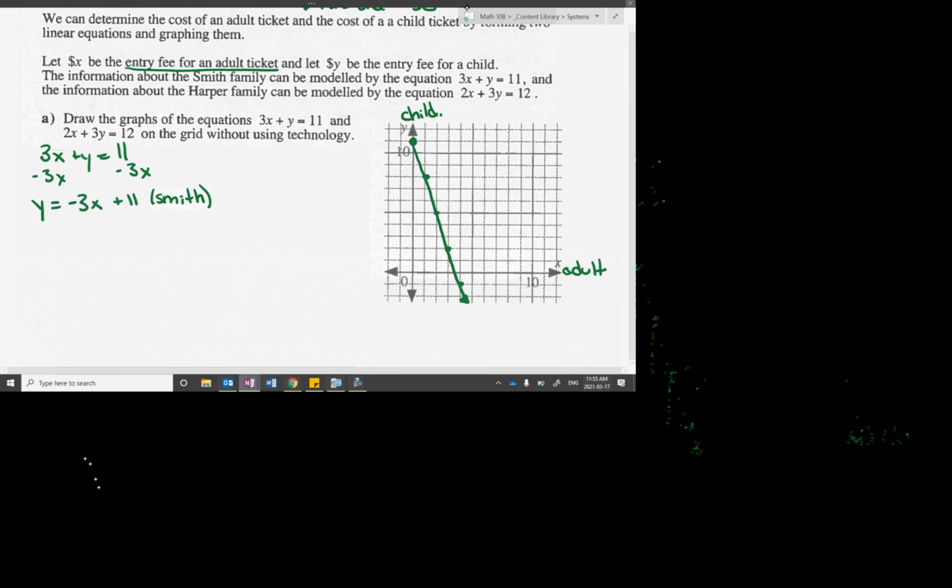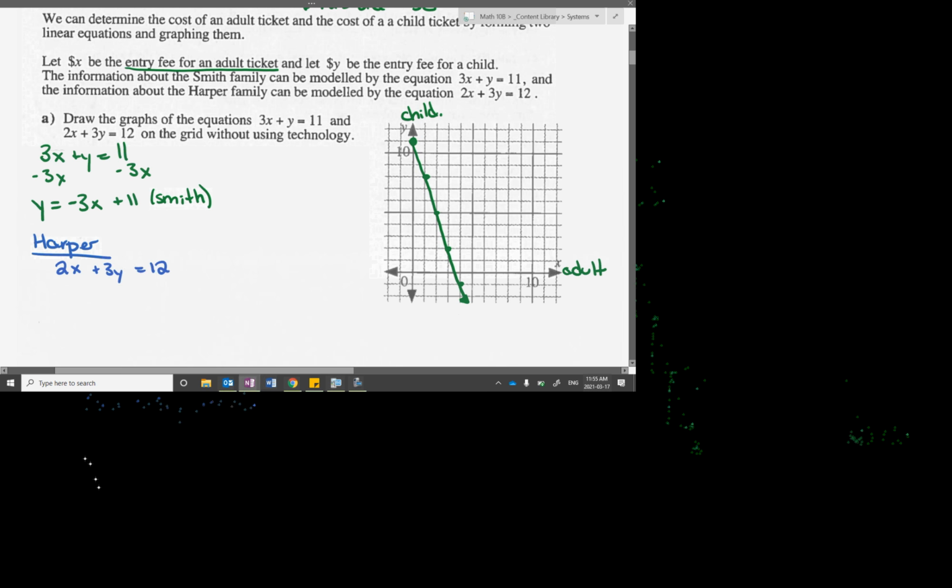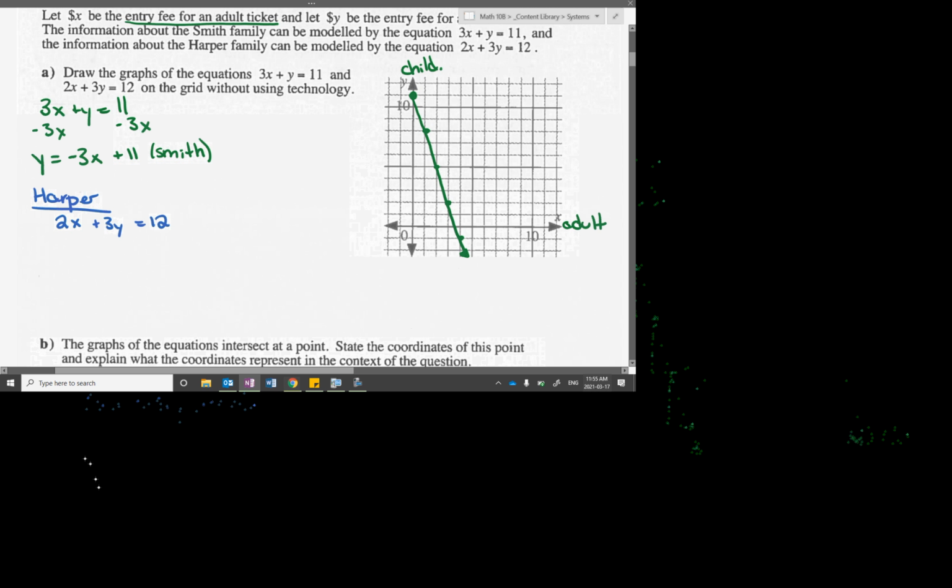Our second equation is for our Harper family. And that was 2x plus 3y equals 12. Slightly more difficult to solve for y here. If I subtract 2 x's from both sides, I'm left with 3y equals negative 2x plus 12.